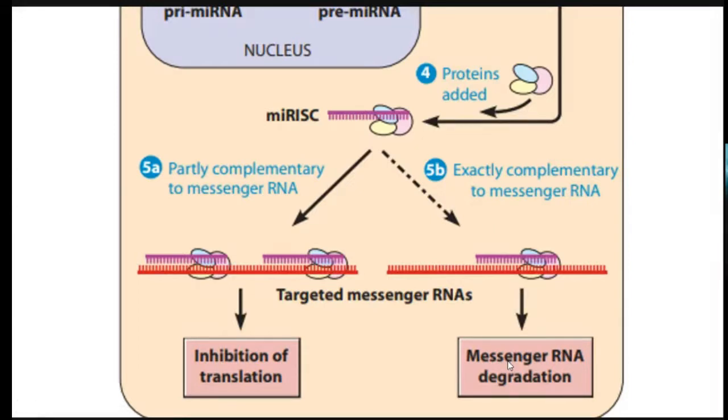So the principle is almost the same as the small interfering RNA earlier, right? When only partially complementary, only inhibition. But when perfectly or exactly complementary, it will degrade your mRNA. Therefore, you no longer have protein translation.